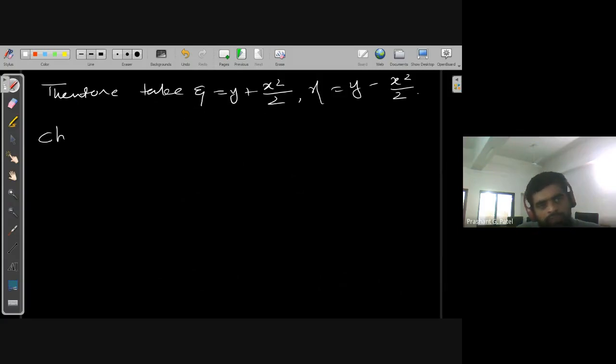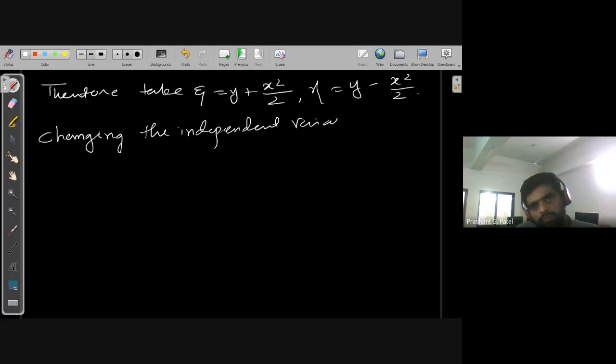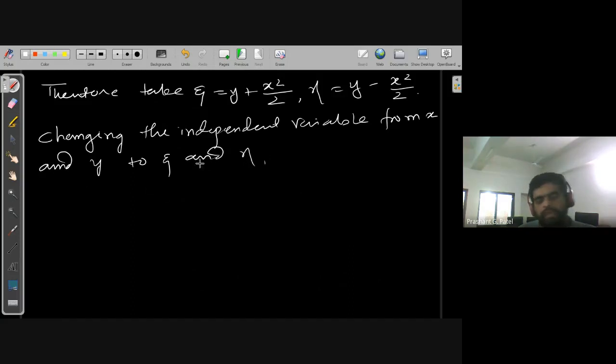Now what we are doing is changing the independent variables from x and y to xi and eta. So we have to convert our partial differential equation into xi and eta.